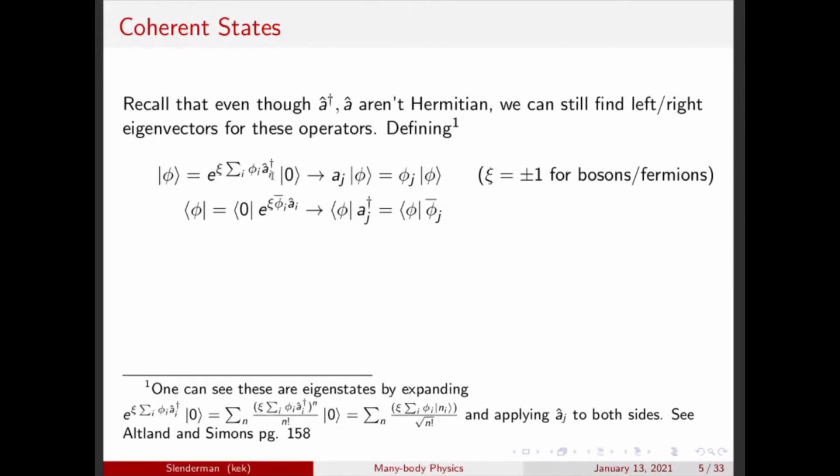So recall that these indices i and j in general can be arbitrary, but for now I'm taking them to be spatial indices. So are you at point i in space, at point j in space? One thing to note is that for the bra, the eigenvalue is the complex conjugate of this phi_j.